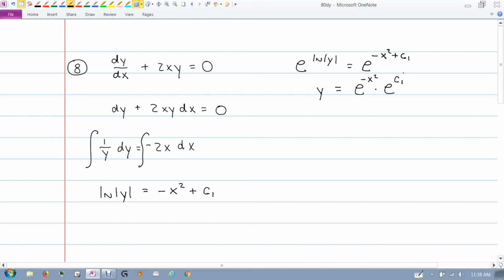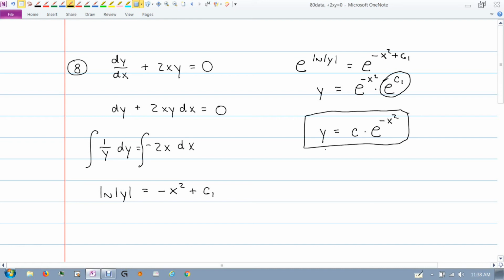And I guess we could have left it, but this is a constant, right? So I'm just going to kind of clean this up and write it as constant times e to the negative x squared. Here we go. So again, let's not lose sight of things.